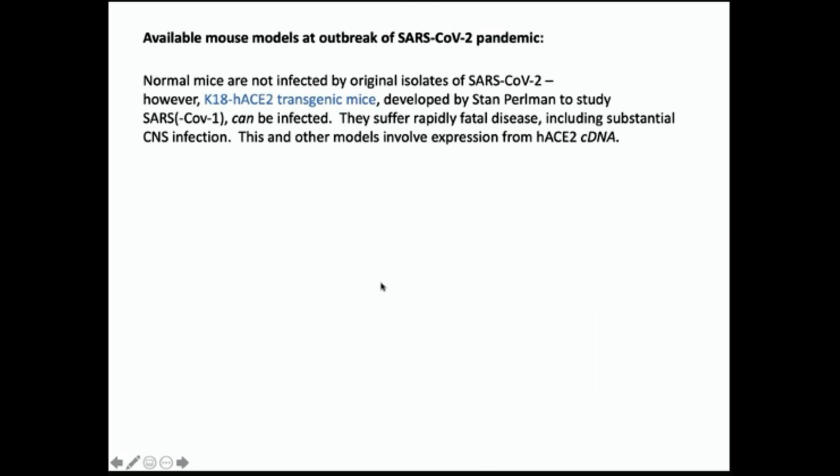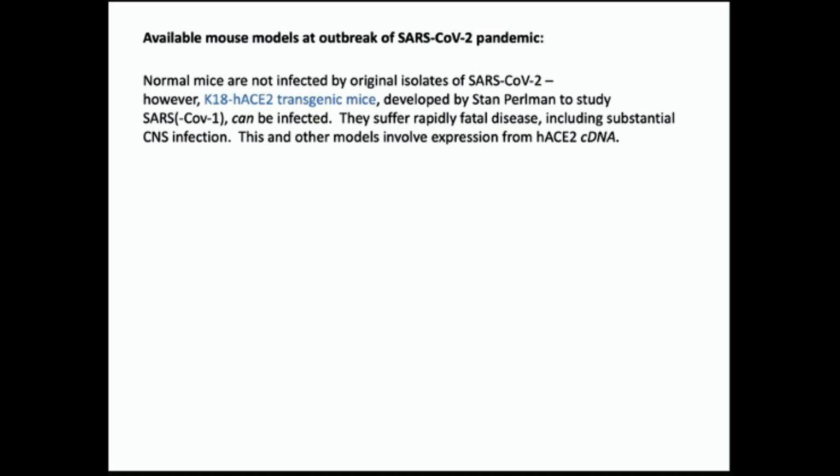So at the outbreak of the pandemic, it was found that available mouse models were limited for studies on SARS-CoV-2. Normal mice are not infected by the original isolates of SARS-CoV-2. Some of the variants may be infectable, but the original ones that were studied were not capable of infecting mouse tissues.